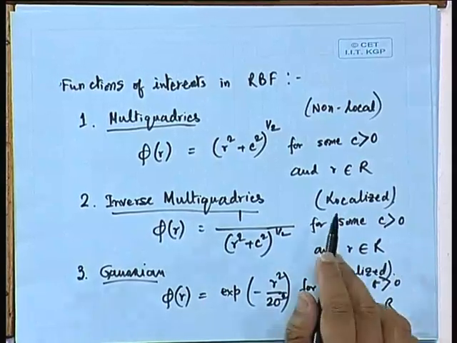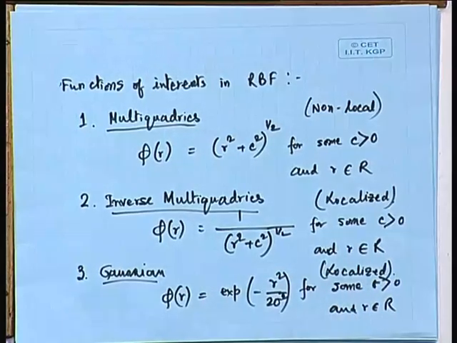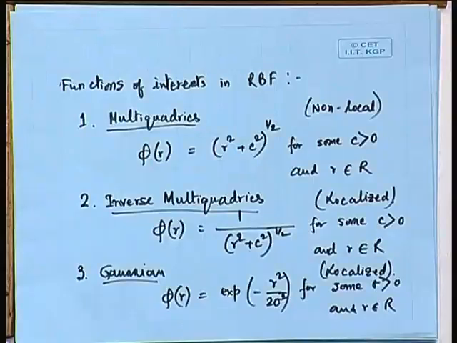Now, it is seen that for these localized functions, which are realized out of the inverse multi-quadrics and Gaussian, the phi matrices realized out of these two functions happen to be positive definite. And so, obviously, their phi inverse exists.